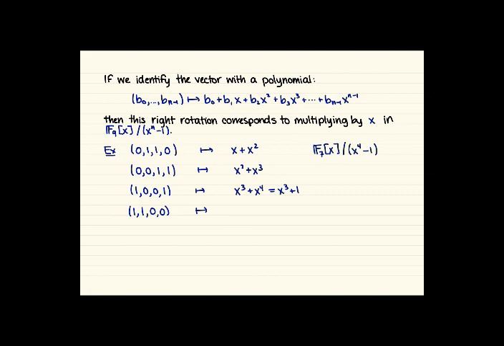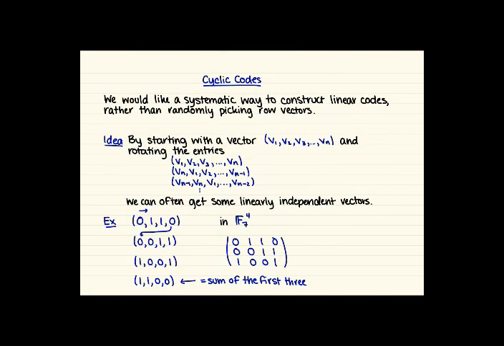Okay, so I just realized I was accidentally doing F_2 math on the previous one, so it's not quite the sum of the first three here, but it's the first minus the second plus the third.